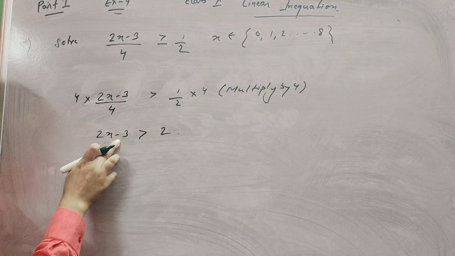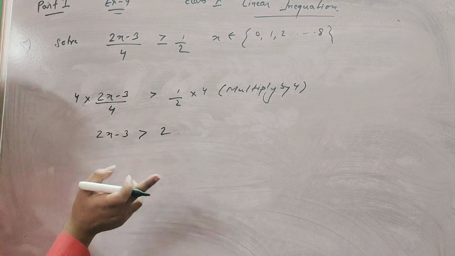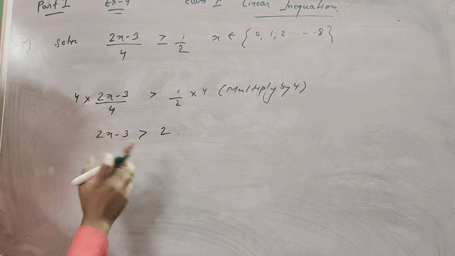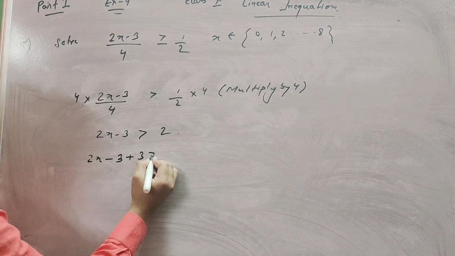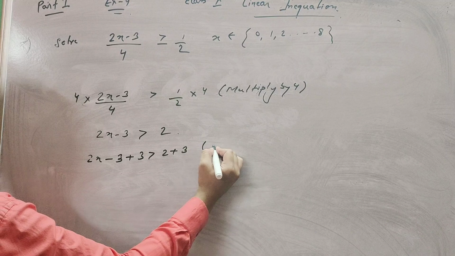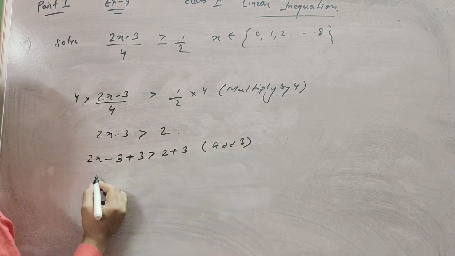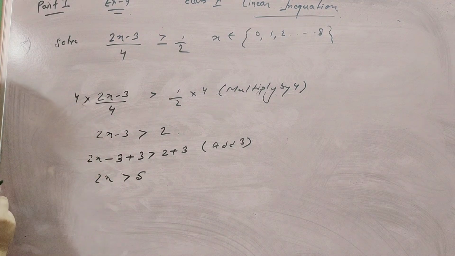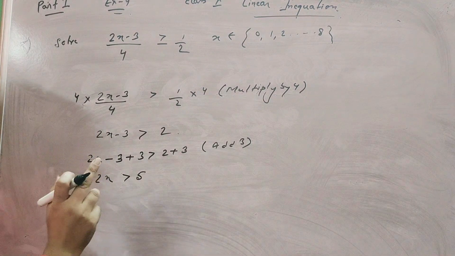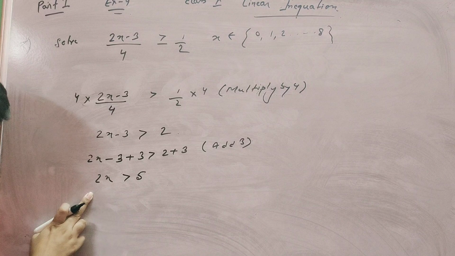Okay, minus 3 goes this side, so positive, that means you add plus 3 both sides. Add 3. So we get 2x greater than 5. We need to find the value of only x, so divide by 2.